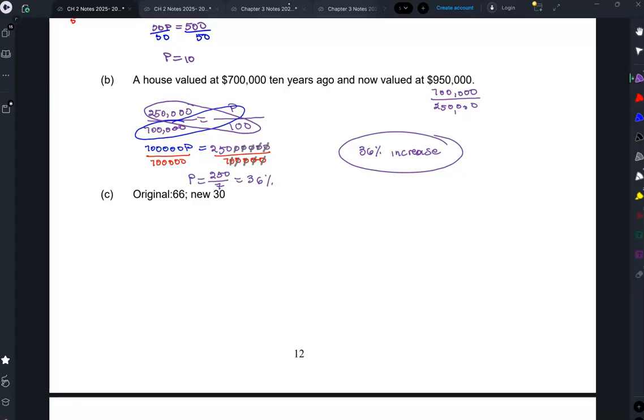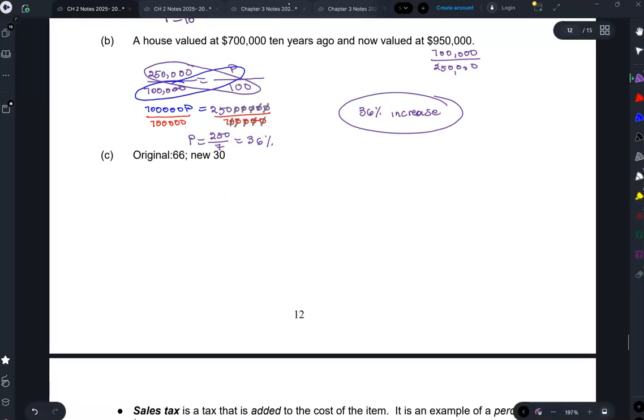Okay, let's take a look at the next one. Original 66, new 30. So here, let's see what the difference is. 66 minus 30, that's 36. Okay, new minus old, yes. And then remember that will be negative 36, but we don't want a negative number. So you can just take the difference, and that's good enough.